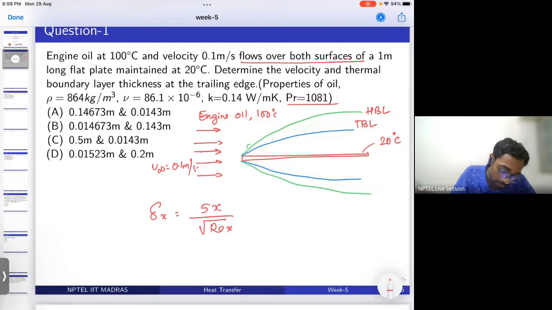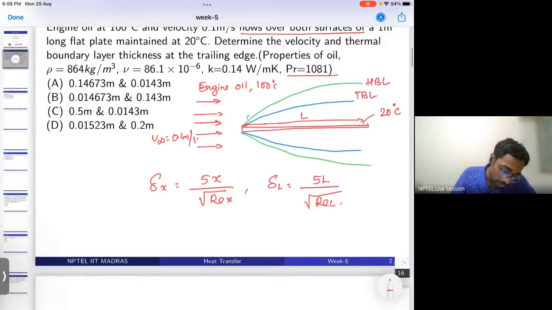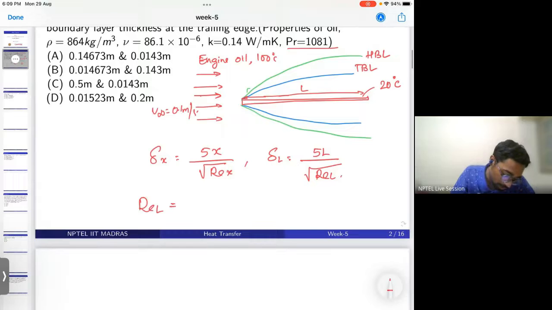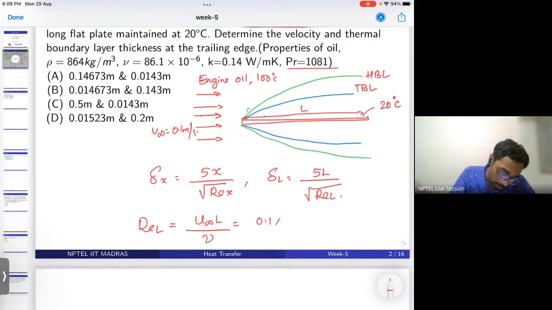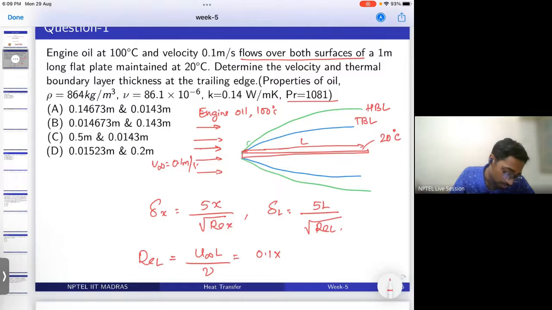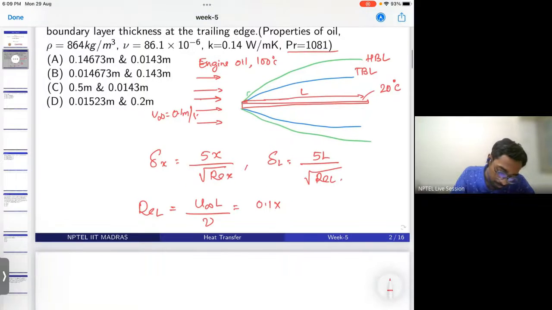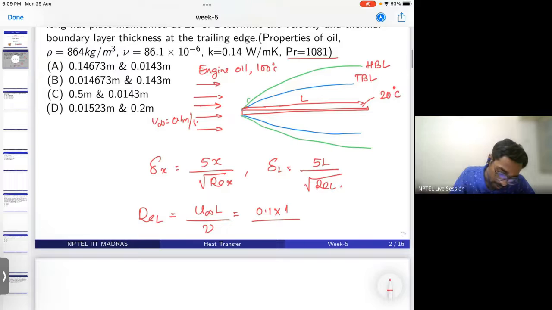This is the length L, and we are asked to find the trailing edge, so delta_L is equal to 5L divided by root Re_L. What is the Reynolds number at L? It is U infinity L divided by nu. U infinity is given as 0.1, length is given as 1 meter, viscosity is given as 86.1 into 10 raised to minus 6. So what is the Reynolds number here?